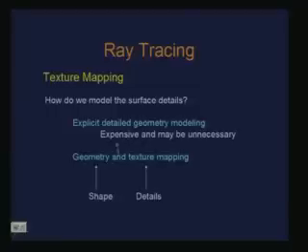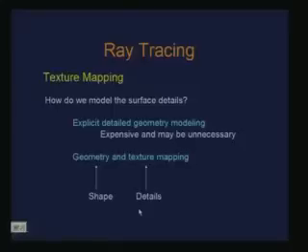So another way to do it is that you use a combination of geometry, which is the definition of walls as, let's say, planes, and texture mapping, which adds details to this geometry. Right.